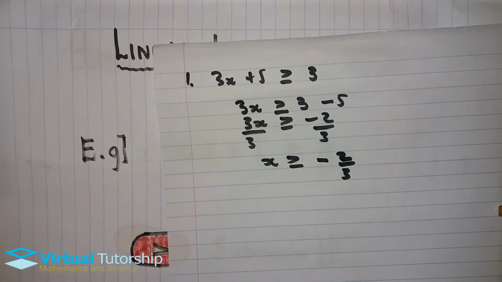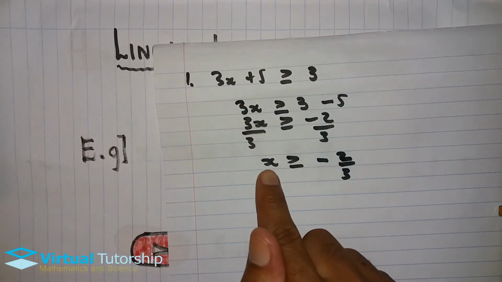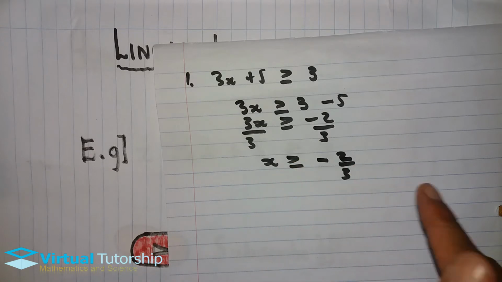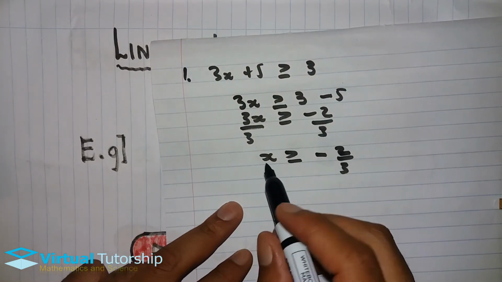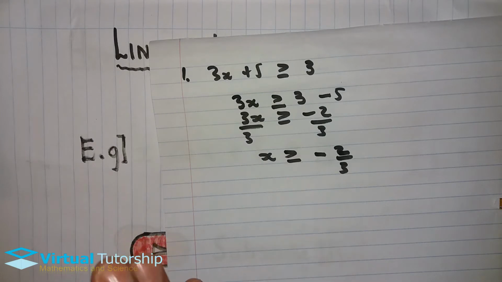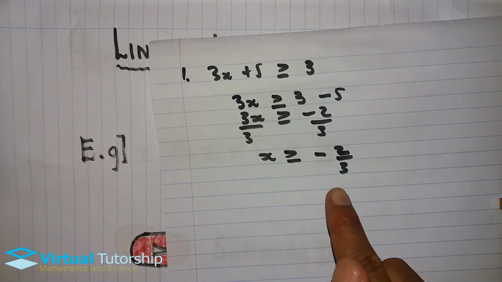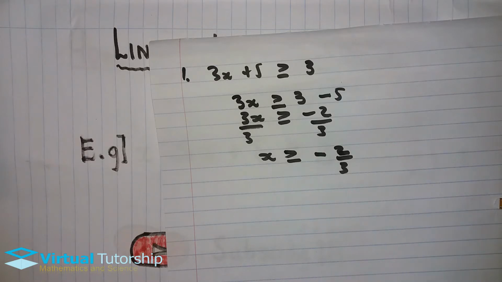Okay, isolution yami ithi x is greater than or equal to minus 2 over 3. So in other words, x is any number that's greater than minus 2 over 3, ne? And then minus 2 over 3 is also included in the set of solutions.